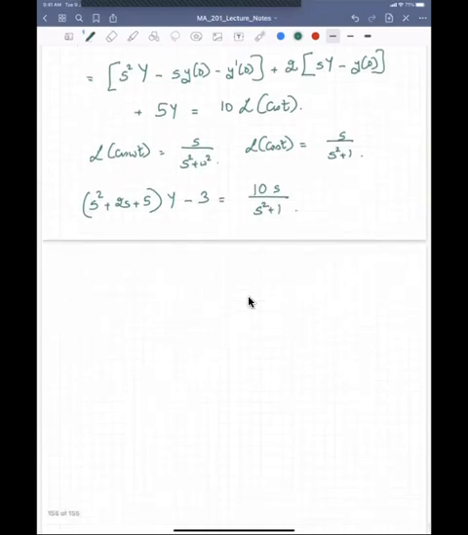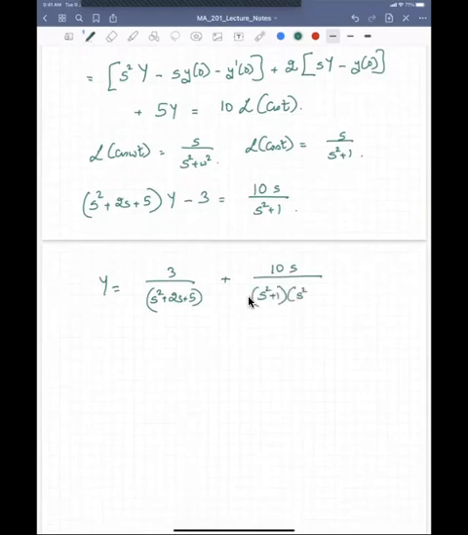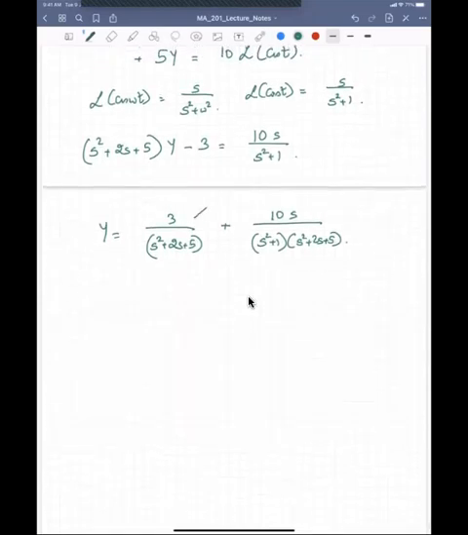Okay, which tells me that my y, the Q of s in this problem, is 3 over s squared plus 2s plus 5 plus 10s divided by (s squared plus 1)(s squared plus 2s plus 5). So this is admittedly a little more complex than the previous problem where the Laplace transforms could be easily guessed. You could still deal with this, but to do the second part, you have to invoke partial fractions and write it in a bunch of easy fractions, right?